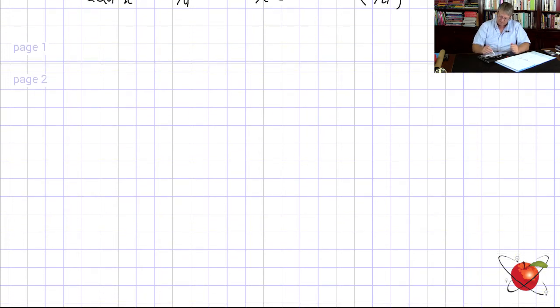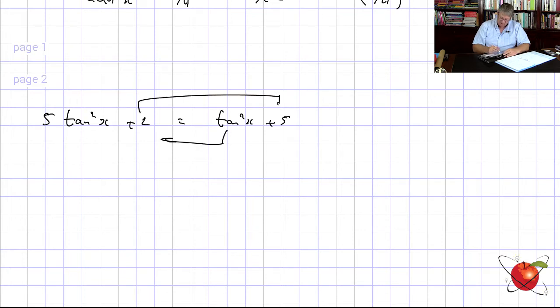Let's look at this one. Okay? 5 tan squared, it's the same. 5 tan squared x plus 2 is equal to tan squared x plus 5. Well, same story. You're on the wrong side and so are you. So we go 5 tan squared x minus tan squared x, okay, is equal to 5 minus 2. 5 tan squared minus tan squared is 4.